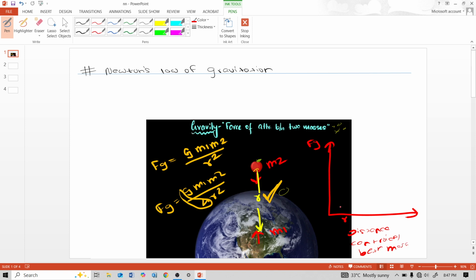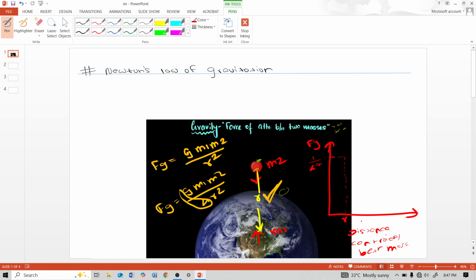Here r will come. So if r, then Fg is 1 by 4th, that means 1 by 4th of G m1 m2 upon r square, like that.